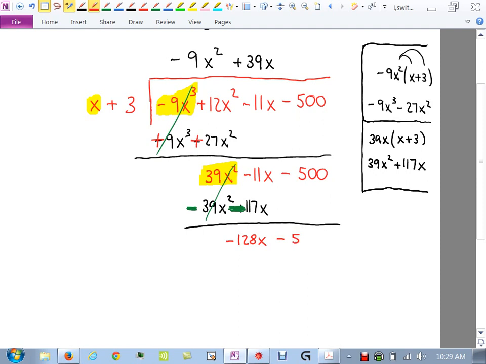Bring down minus 500. We done? Nope. Because can you turn x into negative 128x? Yep. All you have to do is multiply by what? Negative 128.